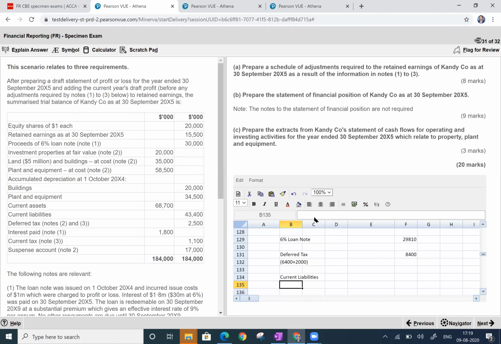Just 2 more minutes. Current liabilities. What are the current liabilities? One is directly given, as per the trial balance. There will be no suspense account.